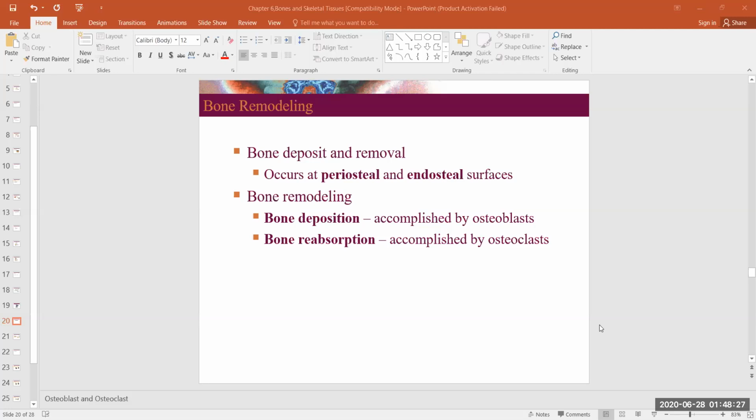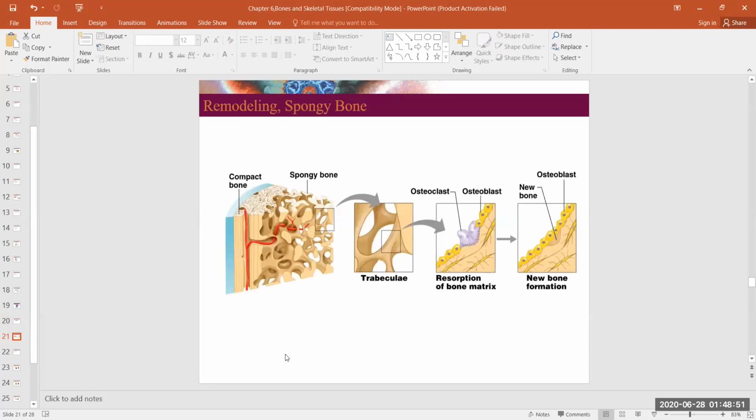Okay. So in bone remodeling, bone deposition is accomplished by osteoblast, like bone forming, and bone resorption is accomplished by osteoclast. And this cell acts under the influence of a hormone called parathyroid hormone from the parathyroid gland. Okay. So let's see how remodeling happens by the osteoclast.